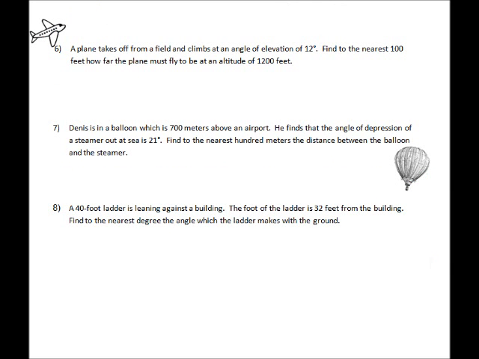So 8, this one I did into the picture, and this is where most students have the hardest time, drawing the picture correctly. So I know I have a ladder, the old ladder leaning problem, and the ladder is 40 feet. The foot of the ladder is 32 feet from the building, and find to the nearest degree the angle the ladder makes with the ground. This is my ladder. The angle that it makes with the ground is here.